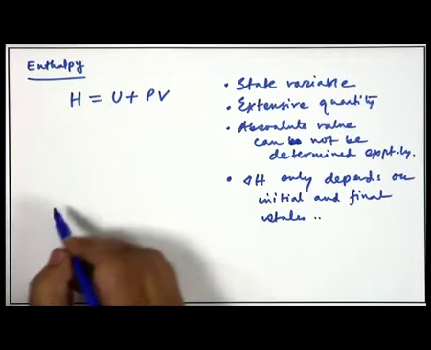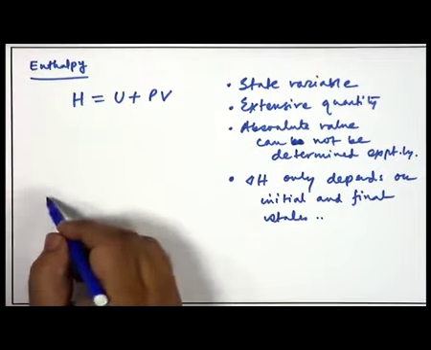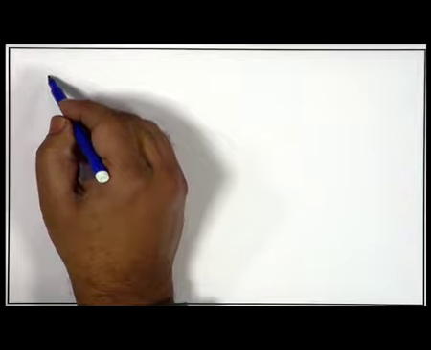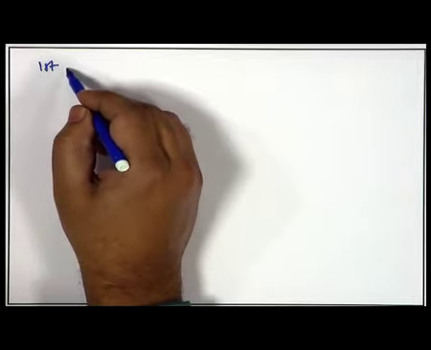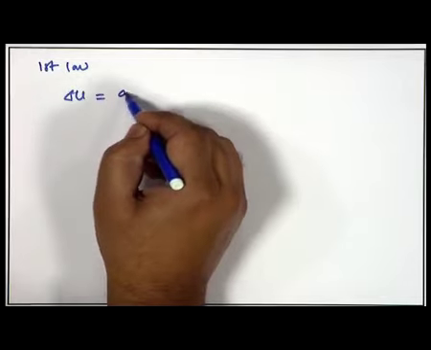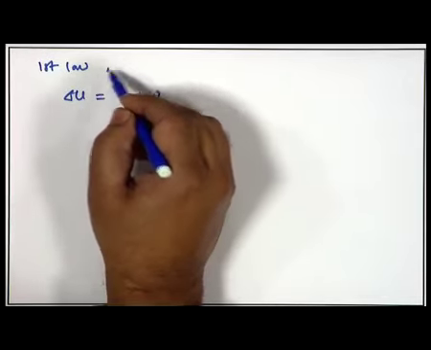Now, we know from the first law of thermodynamics that delta U is given by Q plus W for a closed system.